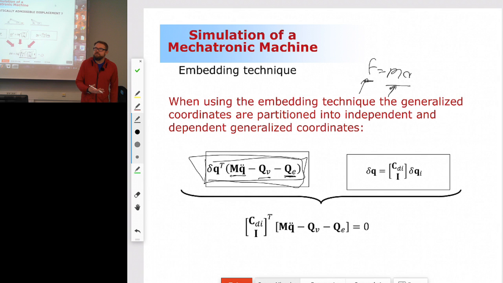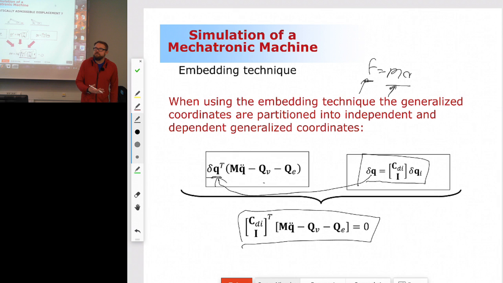And we concluded that we cannot set this to be equal to 0, because the virtual displacement, this guy here, may not be kinematically admissible. But now we learn that we have a way to express it in a way that is kinematically admissible. And it is this relation shown here. So we simply substitute this one here, and then we can say that this equation is equal to 0. End of the story.